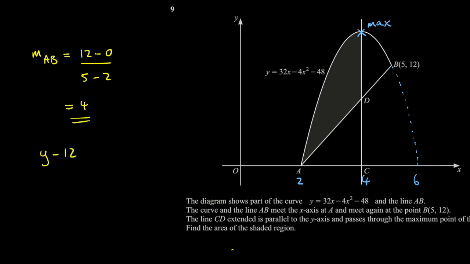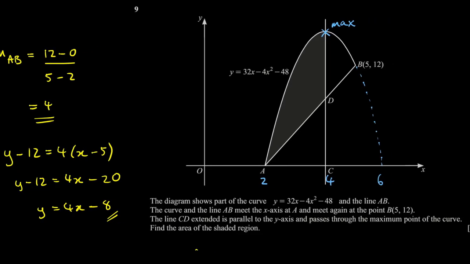So y minus 12 is equal to m, which is 4, times x minus x1, which is 5. So I'm using the point B there. And if I was to simplify this, I get y minus 12 is equal to 4x minus 20. So y is equal to 4x, I'm going to add 12 to both sides, so 4x minus 8.